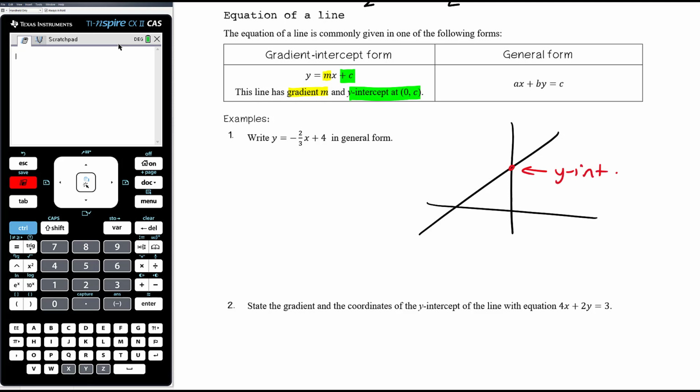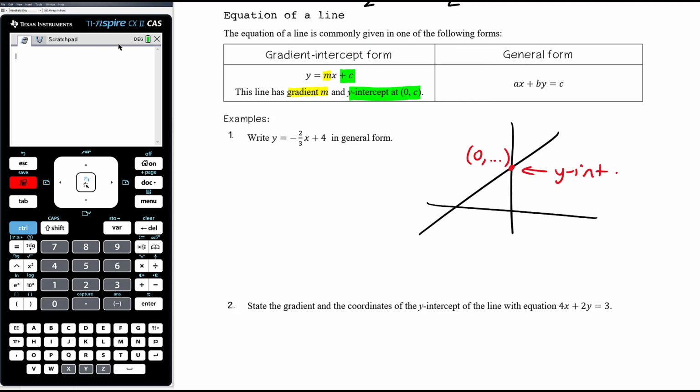The only thing we know about the coordinates of the y-intercept, because it's on the y-axis, is that it has an x-coordinate of 0. So the y-intercept is found by letting x equal 0. Now, when our equation is in gradient-intercept form, if we let x equal 0, m times 0 is 0, and so the y-intercept is c.